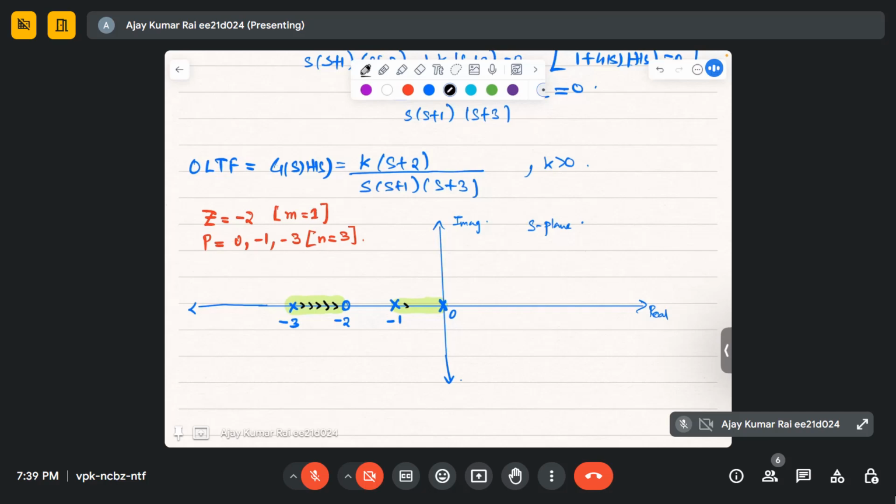I'm just drawing roughly because we have already seen so many examples. The root locus will exist like this, because there are 2 poles, and at some value of K here they will break away.